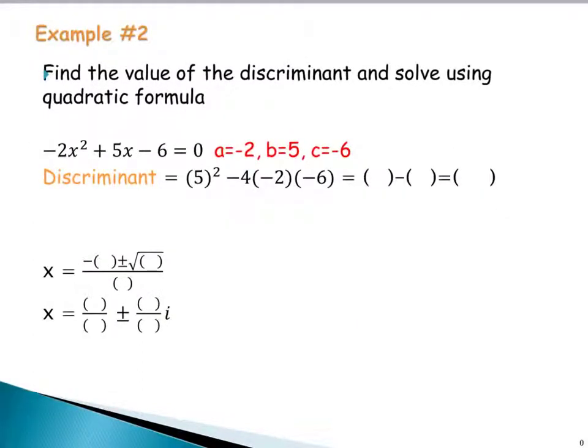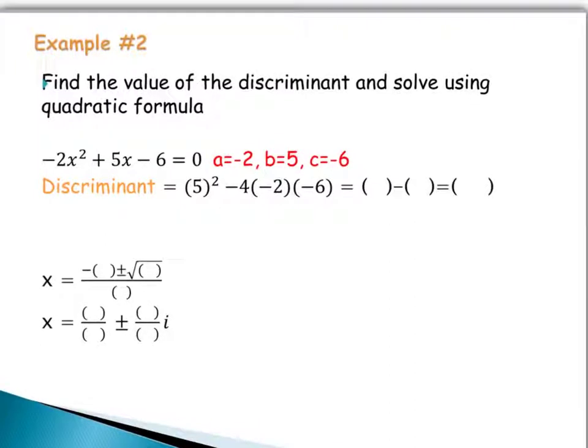Let's see the next example. Negative 2x squared plus 5x minus 6 equals 0. So your a equals negative 2, your b equals 5, your c equals negative 6. The discriminant equals, again, b squared minus 4 times a times c.